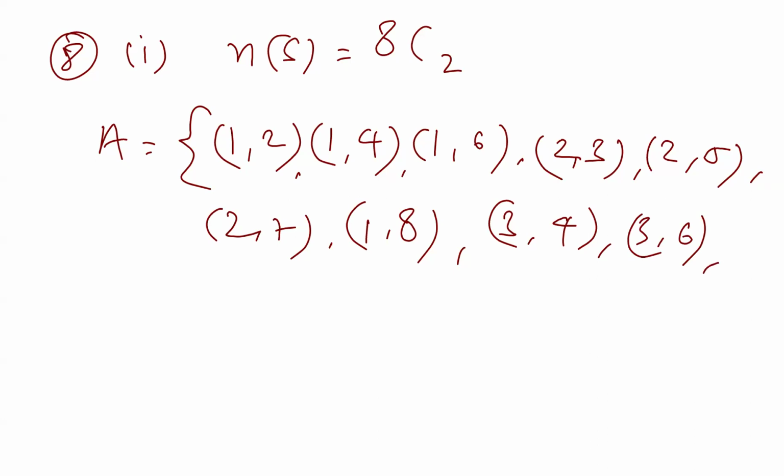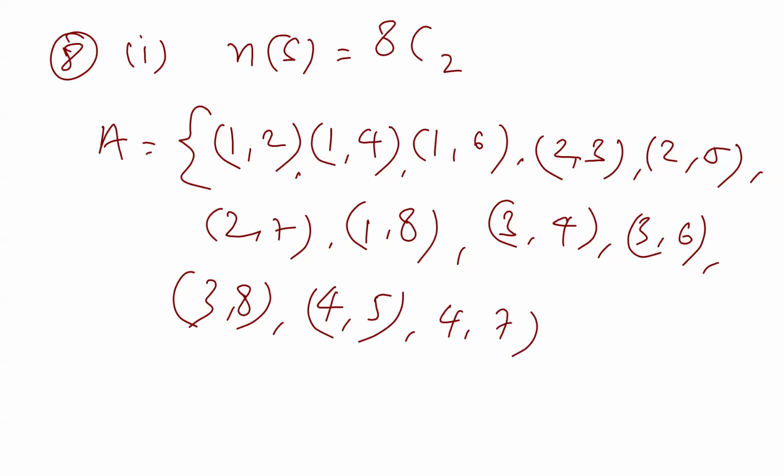Then 3 8, there are total 8 cards, right? So 3 8 is 11. Now let us consider 4. 4 5, 4 7. Okay, these are the numbers in 4. 4 1 is already considered, so no need to do it once again. Then 4 5, 4 7, right?